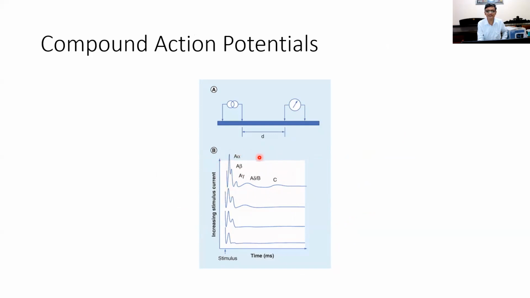It is generated by various types of nerves conducting at different speeds with different diameters, A alpha, beta, B fibers, C fibers, all of them getting stimulated at the same time with slight temporal gaps, right? And you see the compound action potential.